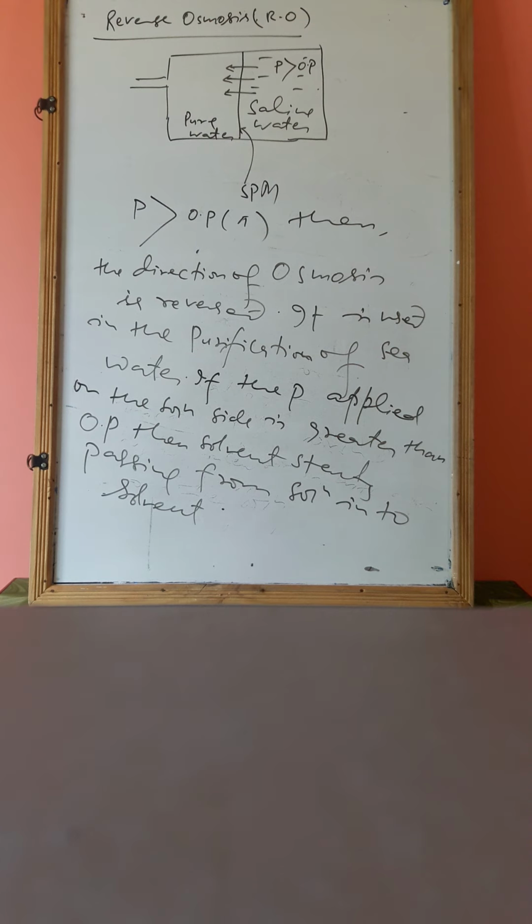Diffusion is shown by gases, liquid and solution, but osmosis is shown by solution only. In diffusion, both solvent and solute molecules move in opposite direction, but in osmosis only solvent molecules move. So this is the distinction between osmosis and diffusion.